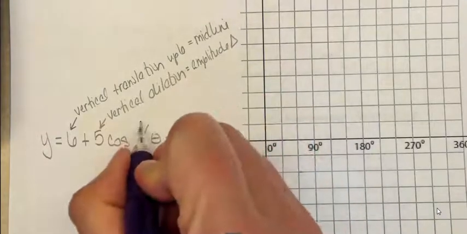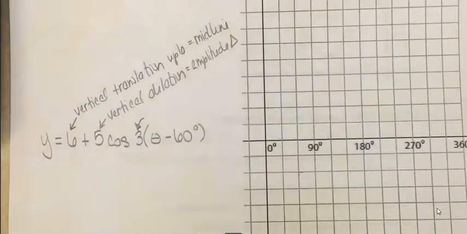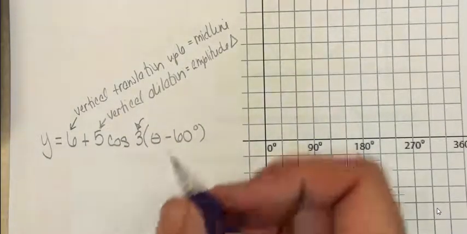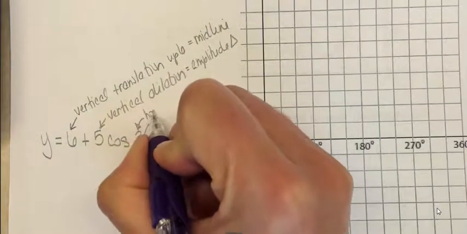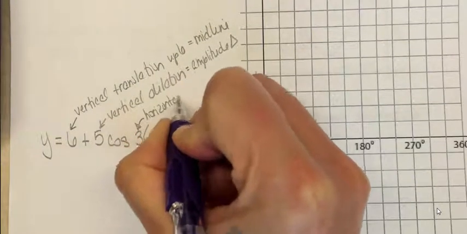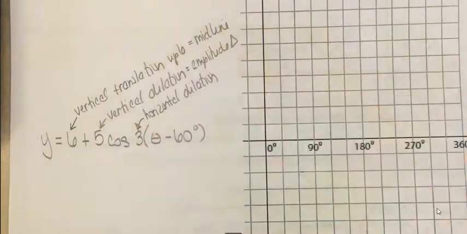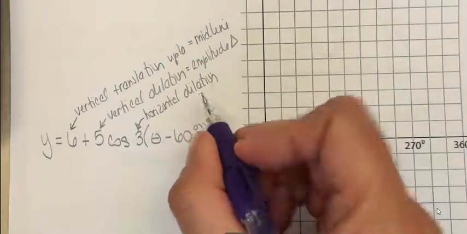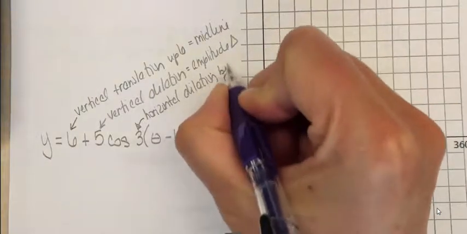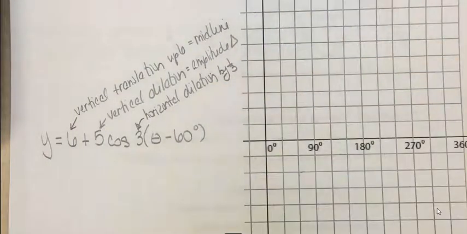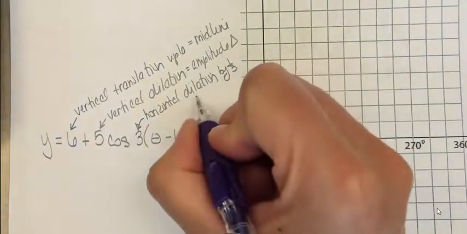All right, now we've got this 3 here. So that's our B, or that's our horizontal dilation. This horizontal dilation is really by a third, and what that does is it changes our period.